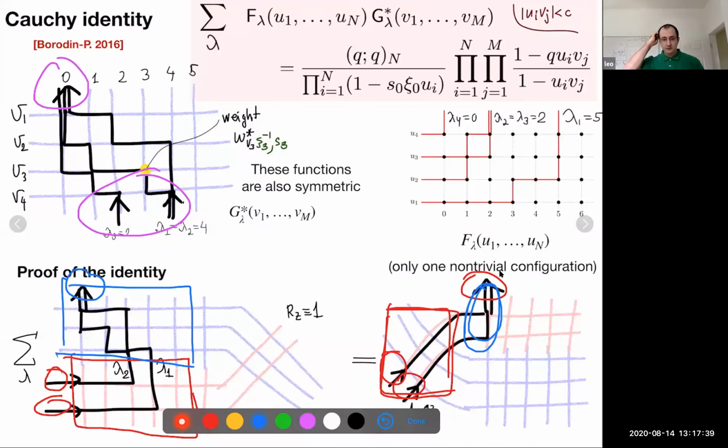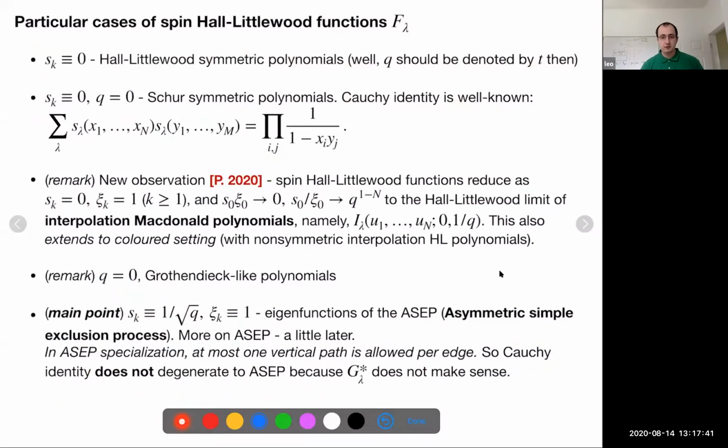Okay, so this is just a glimpse of spin Hall-Littlewood functions. They satisfy many other nice properties, including explicit formulas, orthogonality relations, and others. They have different particular cases.